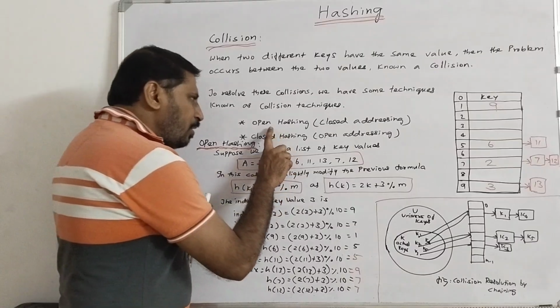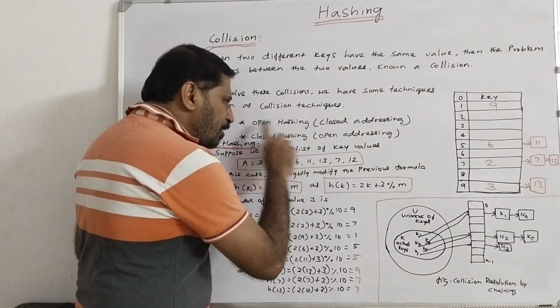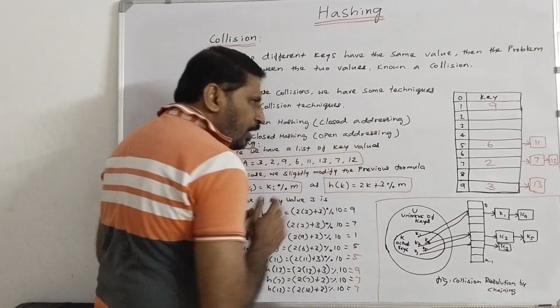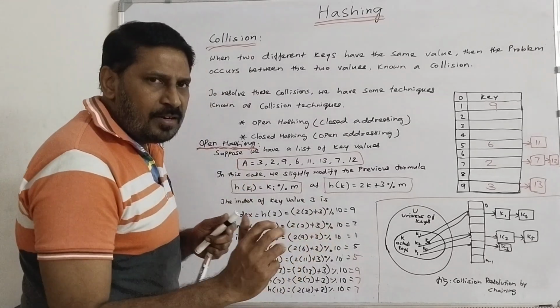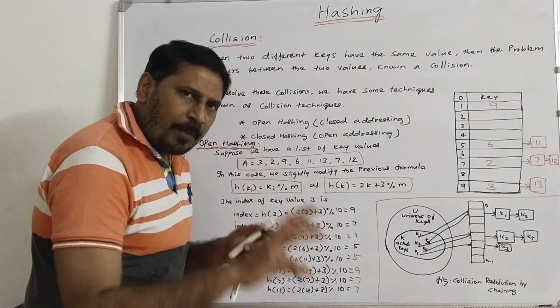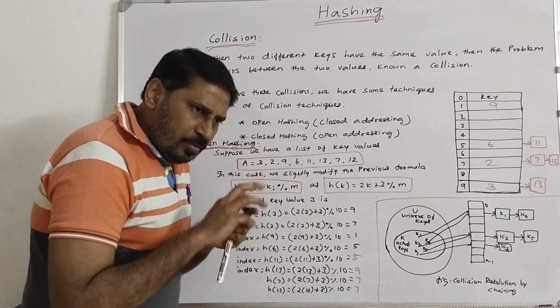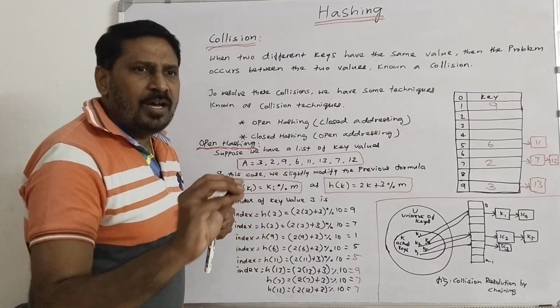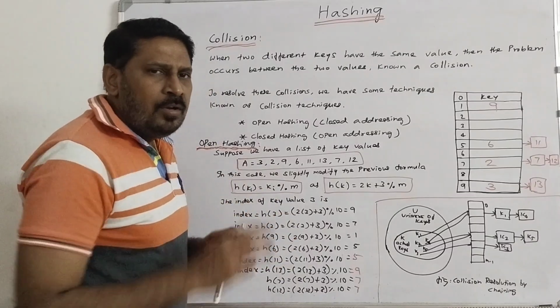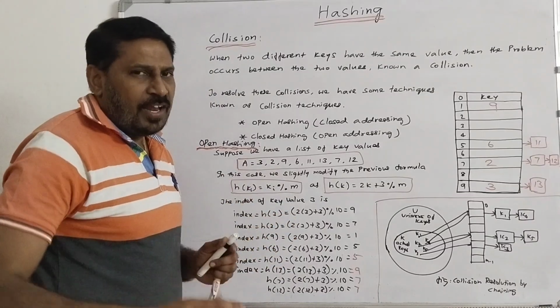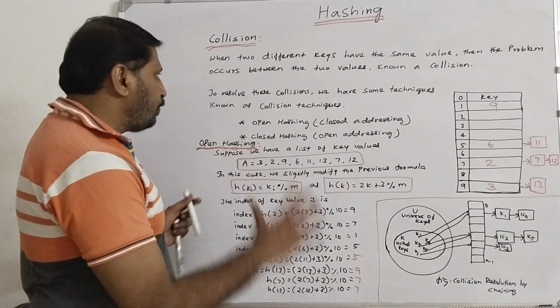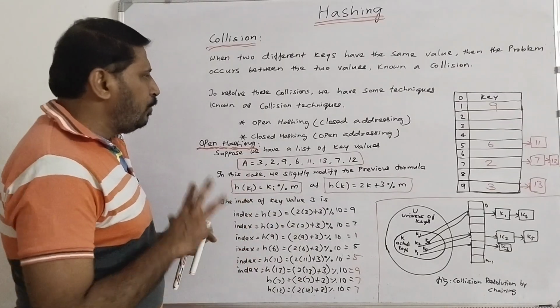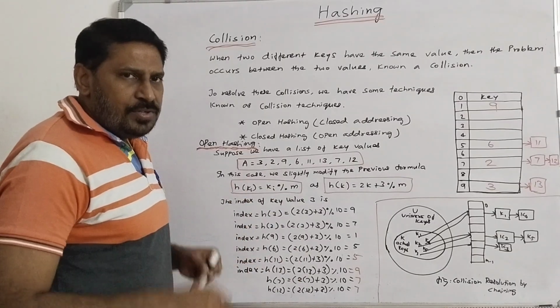Correspondingly it is called closed addressing, because the address is the same, and within the same address we store one more value with the technique of chaining. This is the idea of overcoming the collision problem.